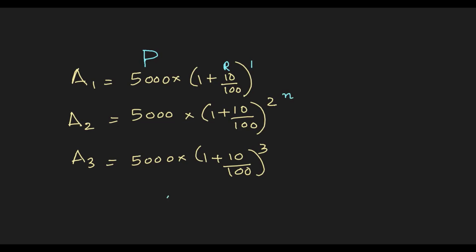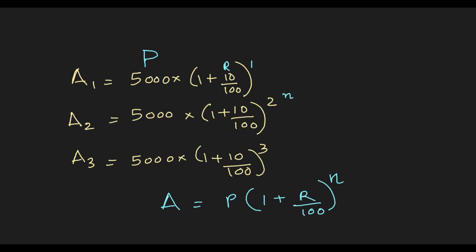So the amount we can write as A equals P into 1 plus R by 100 whole raised to n. This is the formula to find the amount after n years. Here A is the amount, P is the principal, R is the rate, and n is the number of years. Now, using this formula, you can find the compound interest.